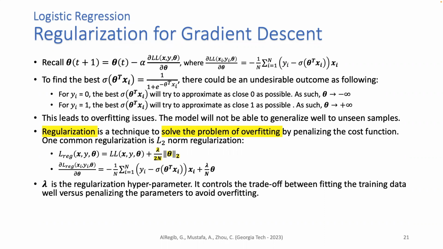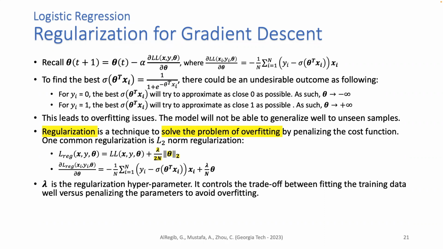And this is true. Here, if y equals 0, my output is equal to 0, what will be the best sigmoid? The algorithm will try to get to the solution very quickly by making the parameters very, very large in the negative sign.